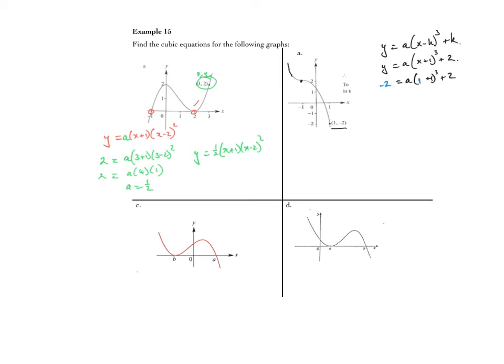So we substitute the point in. -2 equals a times 2 cubed plus 2. Subtract 2 both sides. 2 cubed is 8. a is equal to -1/2. So negative is a good sign. So the equation is y equals -1/2 times x plus 1 all cubed plus 2.